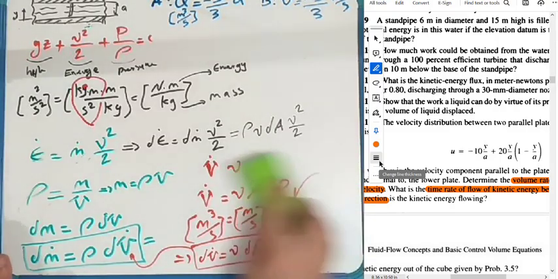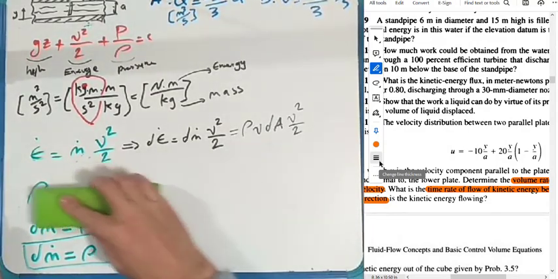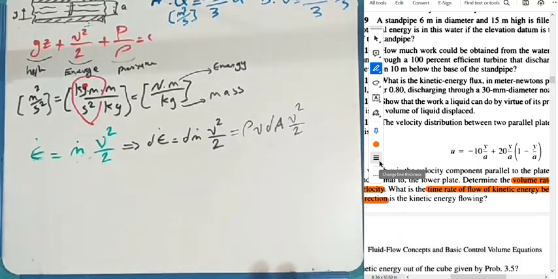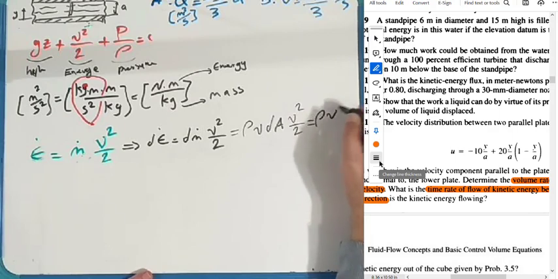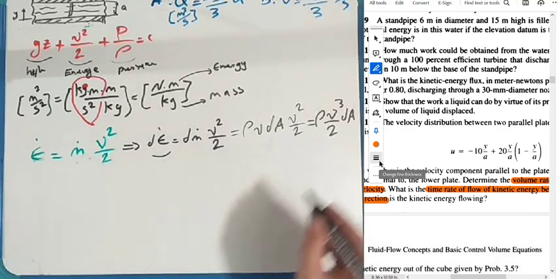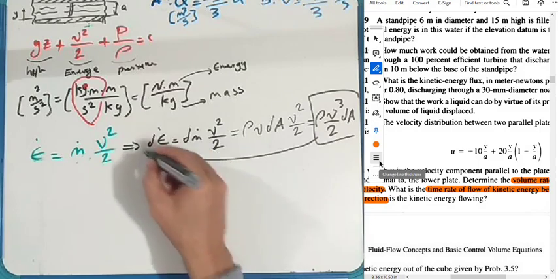Okay. Let me erase these ones because I don't need them anymore. Let me continue. I can write it in this way: rho nu cubed over 2 dA, which is this energy.